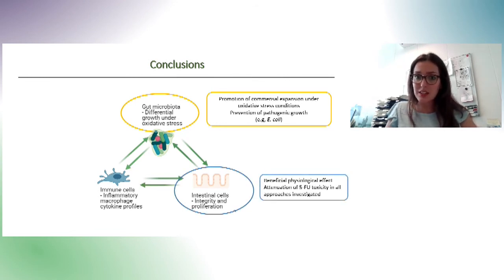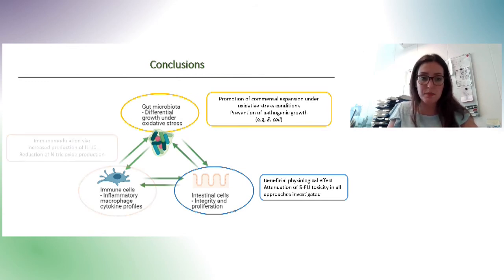Regarding the intestinal epithelial cells and how Blautia can not manipulate but attenuate toxicity, we saw a beneficial physiological effect. Blautia supernatant alone is able to increase cell proliferation, and besides that, it can also attenuate 5-FU toxicity in all three investigated approaches.